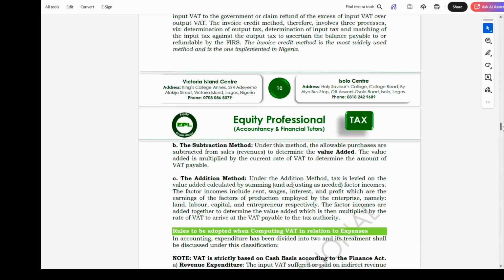So this value added is what you are now going to apply the value added tax rate on. You apply the VAT rate, which is 7.5%, to get the value added tax.